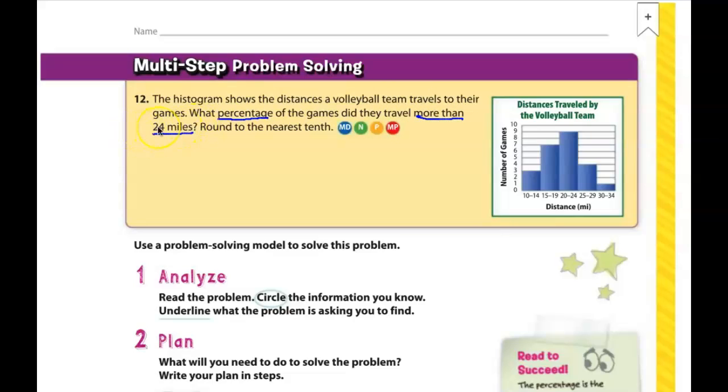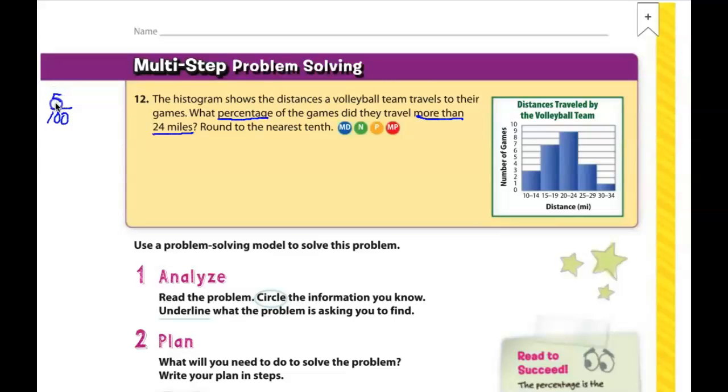Okay, so let's talk about percentage again. We spent most of the first 6 weeks talking about fractions, decimals, and percentages. Every single number can be written as a percentage, a fraction, and a decimal. Basically the word percent means out of 100.